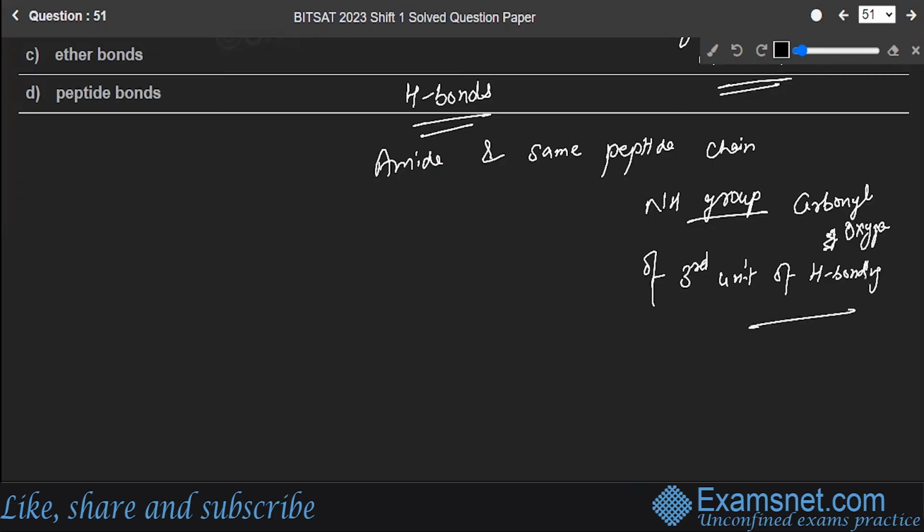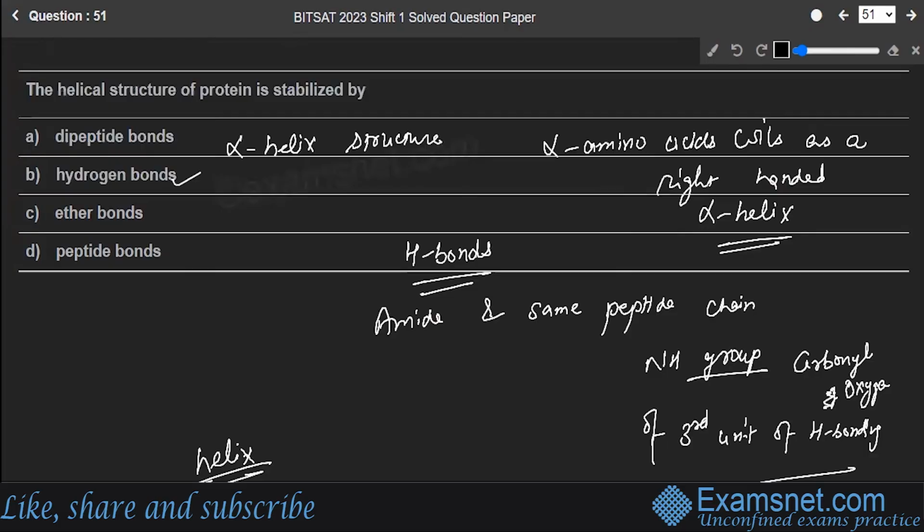This hydrogen bonding between different units is responsible for holding the helix in its position. So you have option B, hydrogen bonds, as the right answer. Hope you understood this. Next is question number 52.